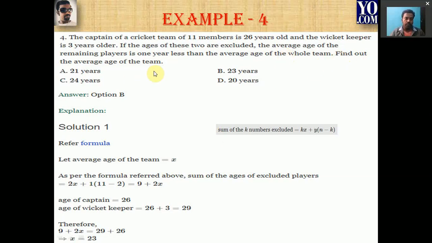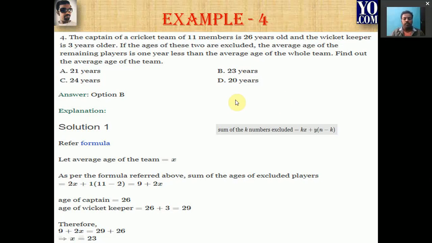Find out the average age of the team. So totally 11 members are there. The age of captain is 26, and wicket keeper is 3 years older, means 29 years. Then total n equal to 11. Then we have to calculate the average age of the whole team.